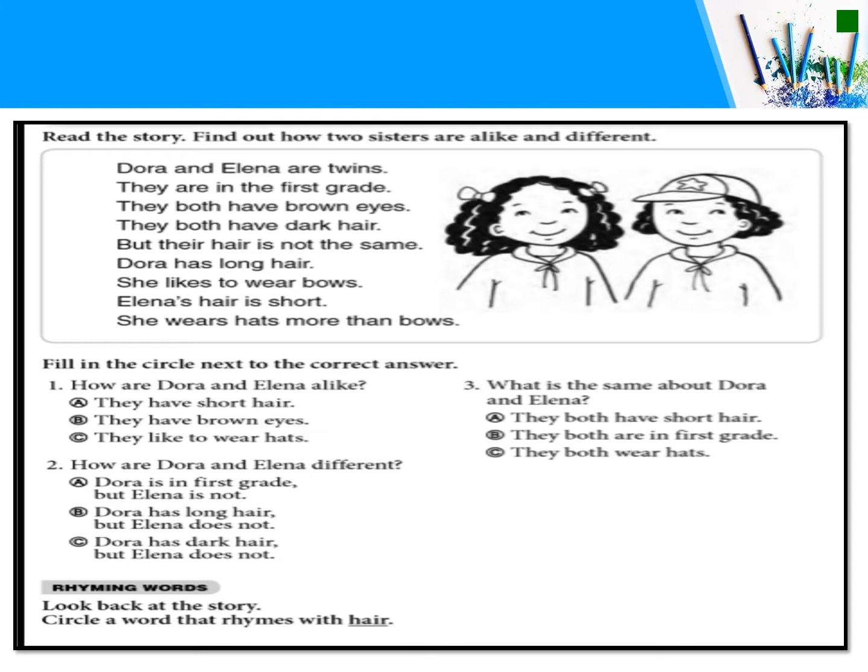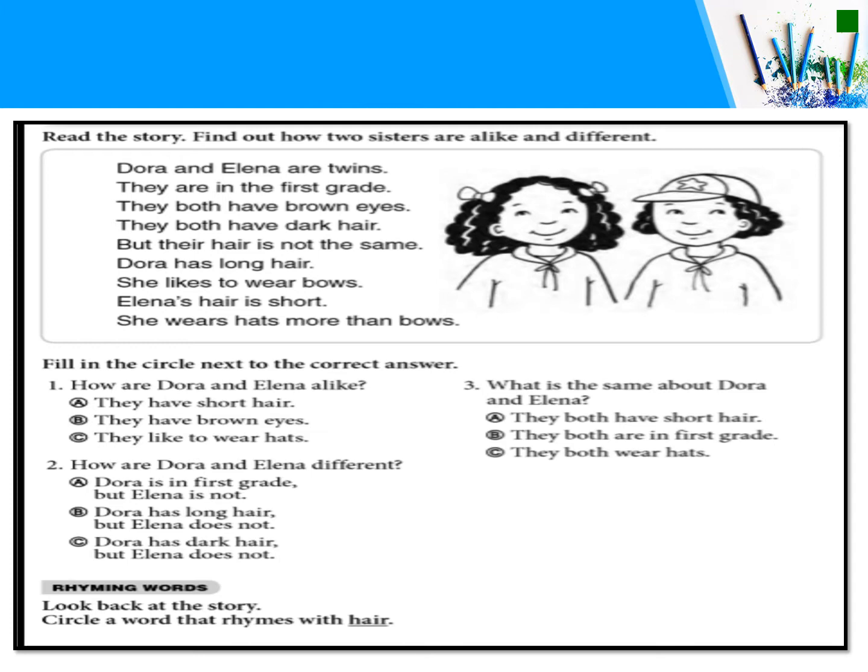Okay? Now, I will read the story again. You have to give a thumbs up when you hear how Dora and Elena are the same, and a thumbs down when you hear how they are different. Thumbs up for similarities, thumbs down for differences.